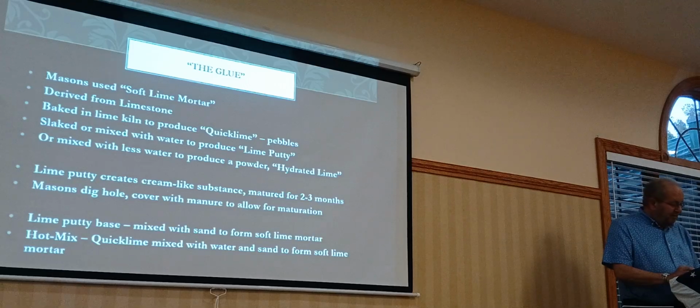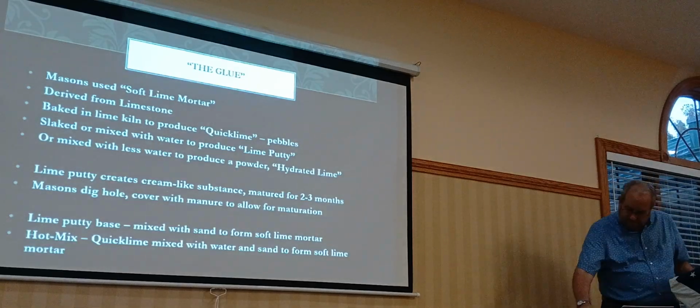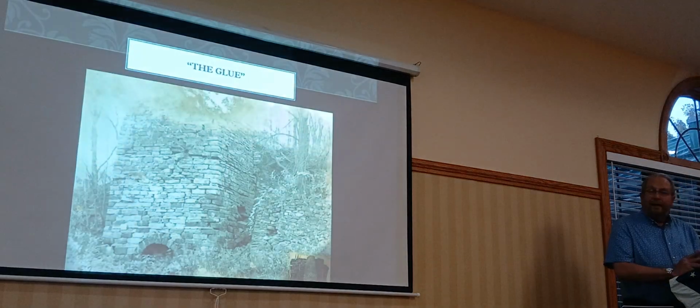It was achieved by taking limestone, which was quarried locally, putting it in a lime kiln, which you see here, an example of one. These themselves were built out of limestone, but a fire was built in the bottom, and then it's usually put in the side of a hill, so that you could take your wagon and take the limestone to the top of the hill, to the top of the chimney, and drop the limestone in.